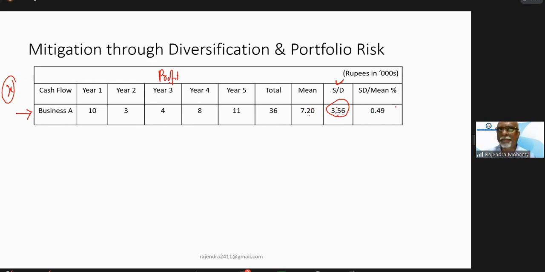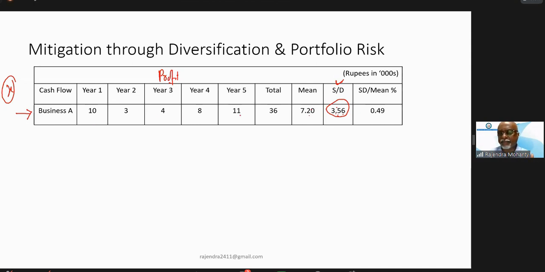So 3.56 out of 7.2 is basically 49%, so I have taken it as 0.49. Is it clear? Is it understandable? Yes, sir.